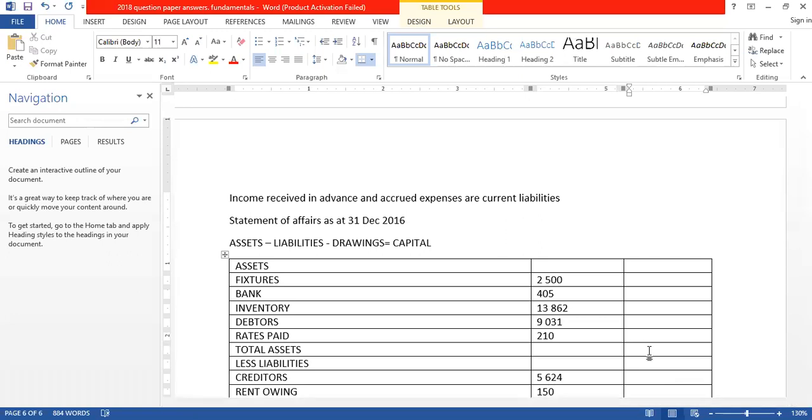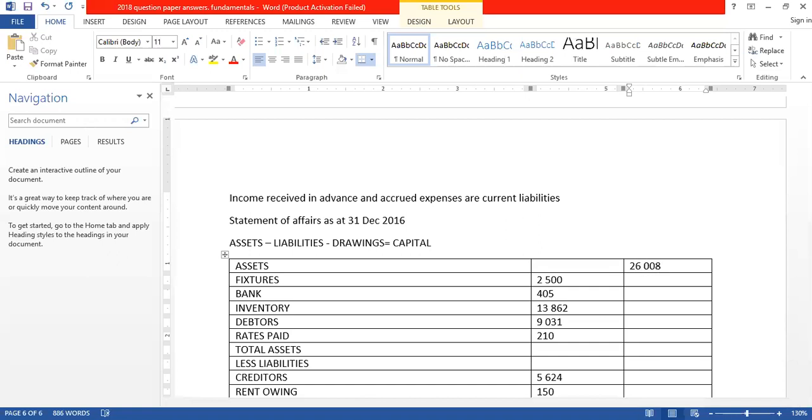Okay, so what is our total asset? Plus 9,031 plus 210. So we get 26,008.